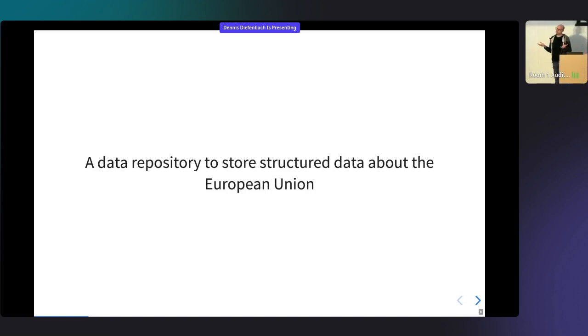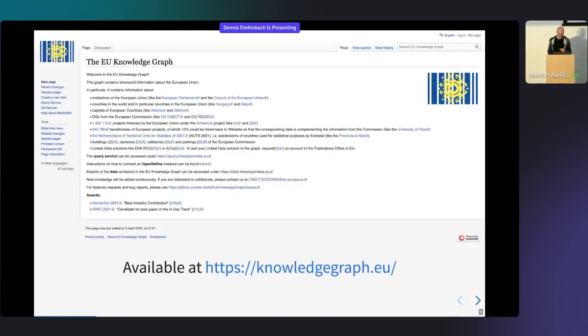And all of this we would potentially like to model into a knowledge graph. This is how the knowledge graph looks. It's available under knowledgegraph.eu. And it looks like a typical MediaWiki installation, just that there is this Wikibase extension, which is the same software that runs behind Wikidata.